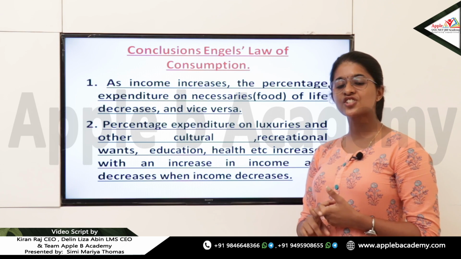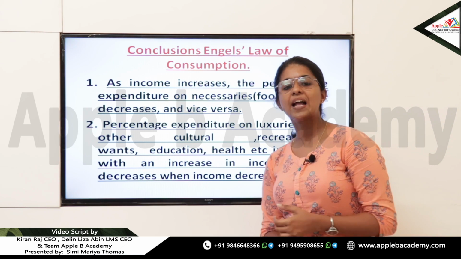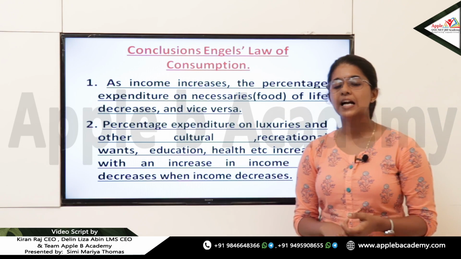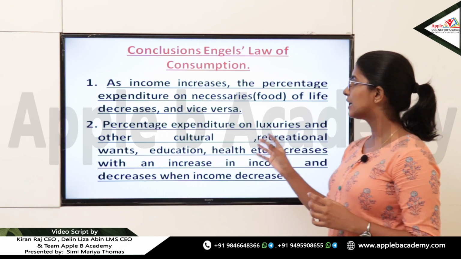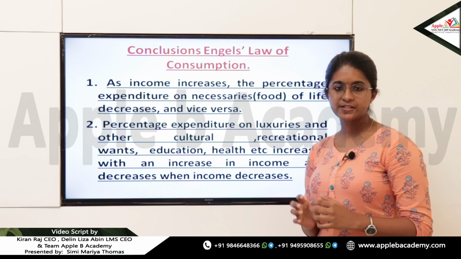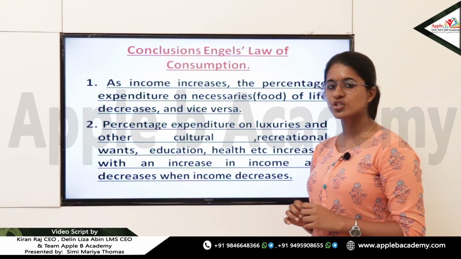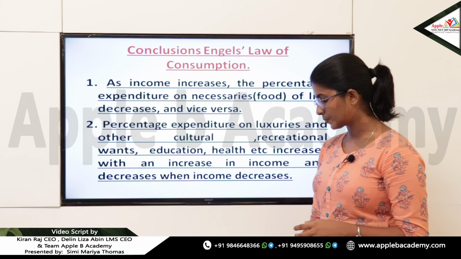So there is a positive relationship between increased income and the proportion spent on luxury goods, recreation facilities, education or health. This is another conclusion that can be drawn from Engel's law.